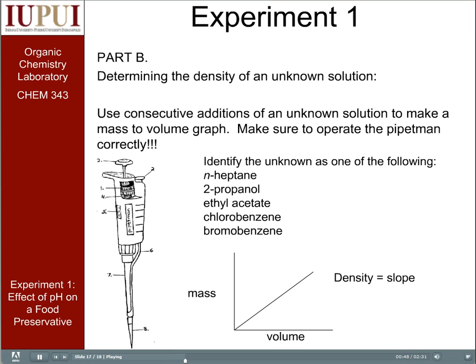So what you're going to do is take a pipetteman that should be preset, and you're going to consecutively add a mass of some unknown organic solution to a tared beaker or vial on the balance.